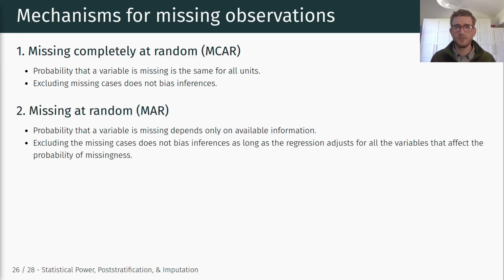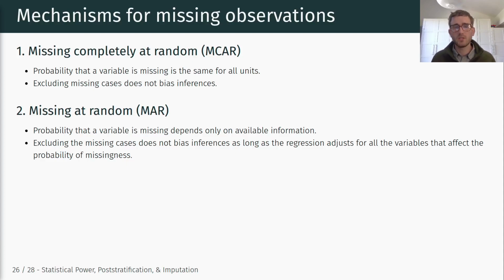The second category or mechanism for missing observations is missing at random. The notation and the labels here are a little bit confusing, but those are the labels that are used in the literature. So missing at random means that the probability that a variable is missing depends only on available information.